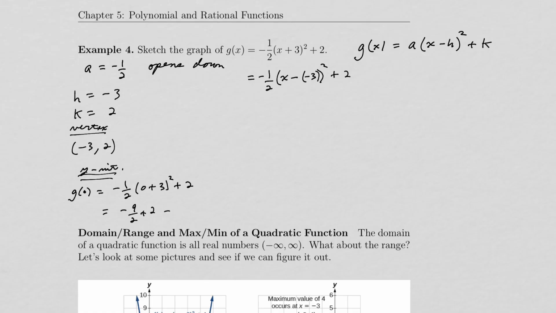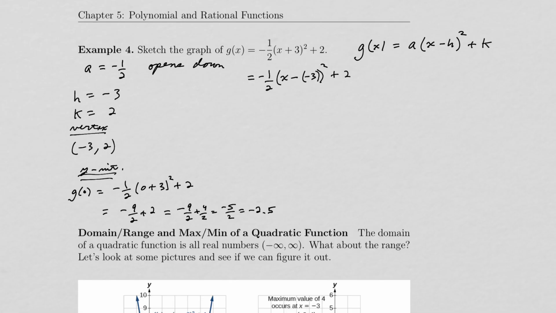So that's -9/2 plus 4/2, which is -5/2. Right, I can write 2 as 4/2. So this is -5/2. If you want to write it as a decimal, it's -2.5. Let me write that cleaner here. -2.5. Okay. All right, that's good. So we know the y-intercept.